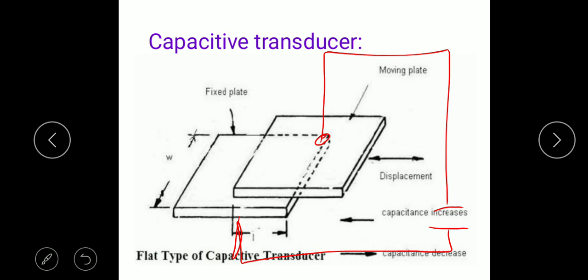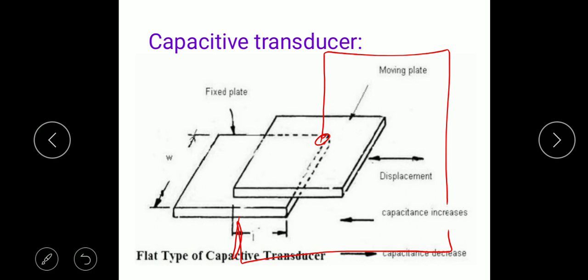Okay, so this is the simple structure. Don't get confused between the water level capacitive transducer and the displacement measuring capacitive transducer. When the displacement is changing and you need to find it, we use the displacement measurement capacitive transducer. For water level, we consider both plates as fixed plates.